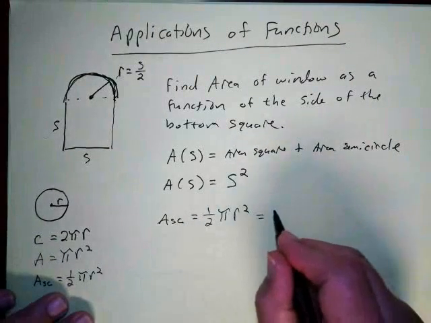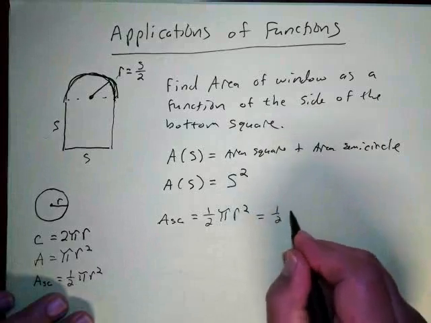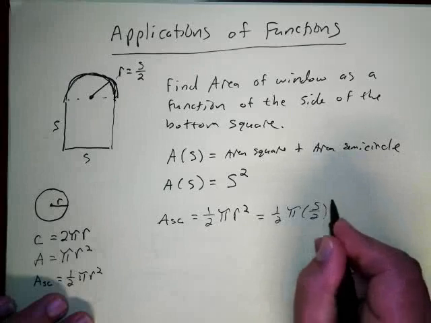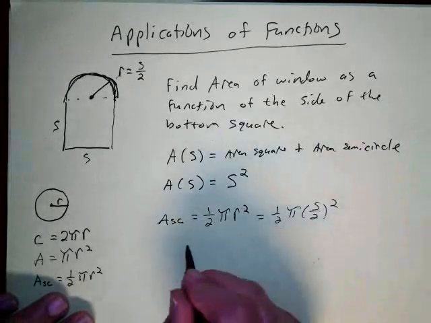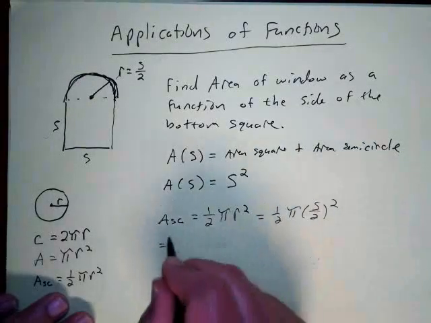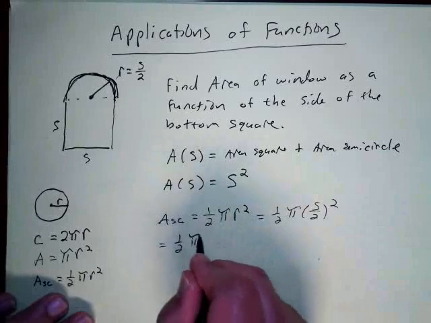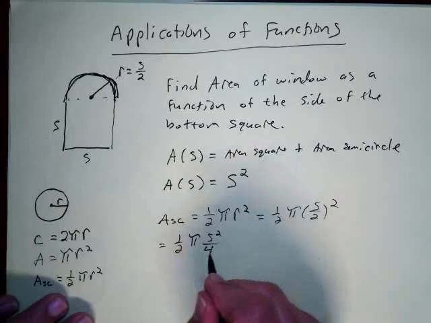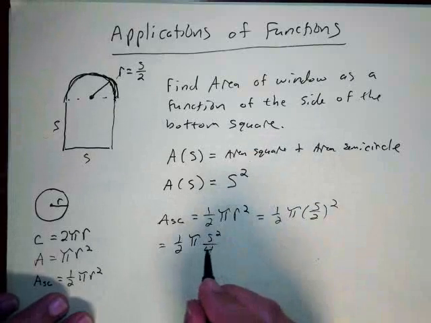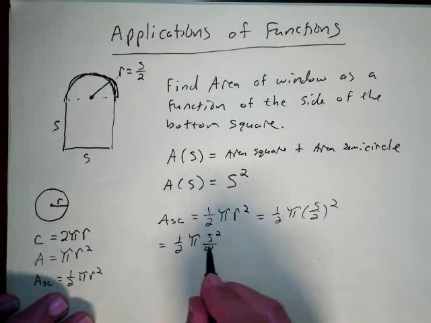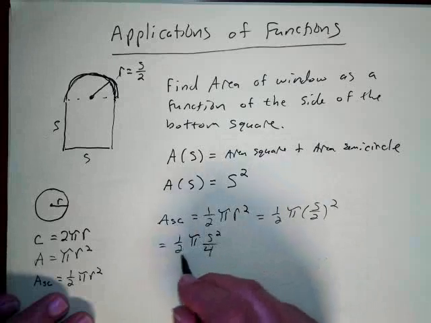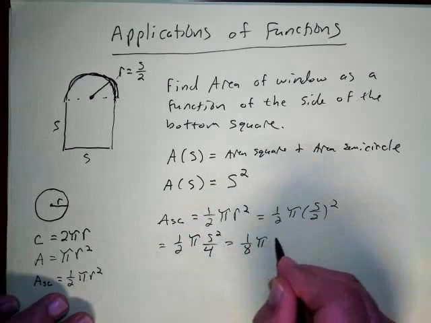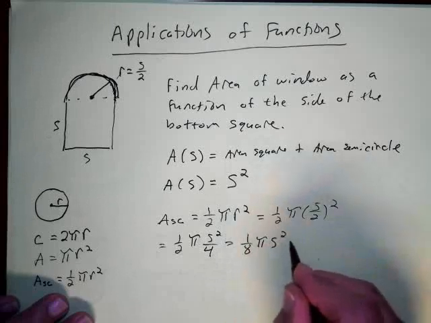When I do that, I get 1/2 pi times S over 2 squared. Well, this would just be 1/2 pi S squared over 4. And then I can combine this 4, which is like 1/4, with the 1/2, and that would be 1/8 pi S squared.